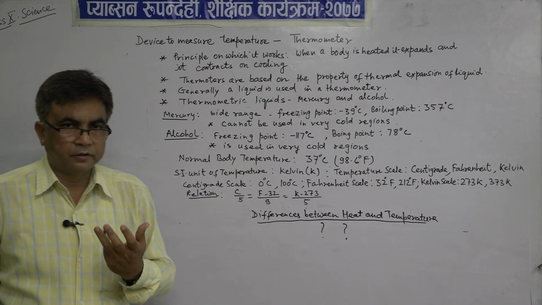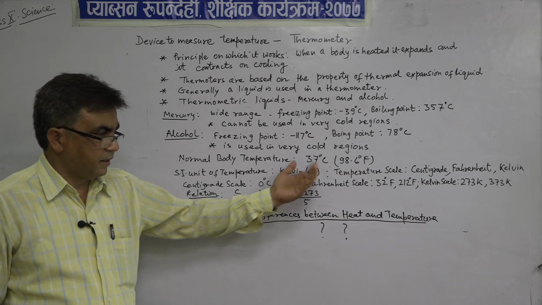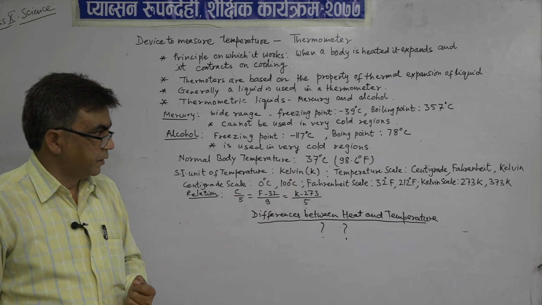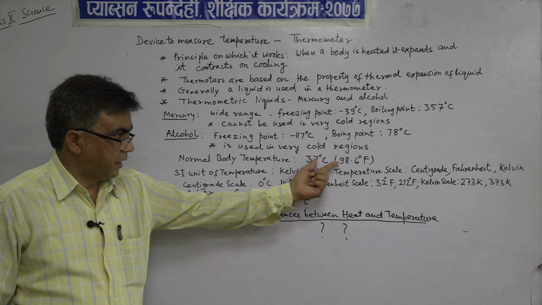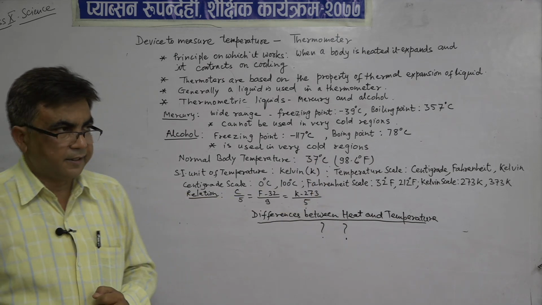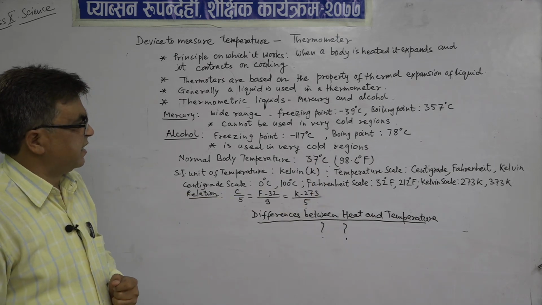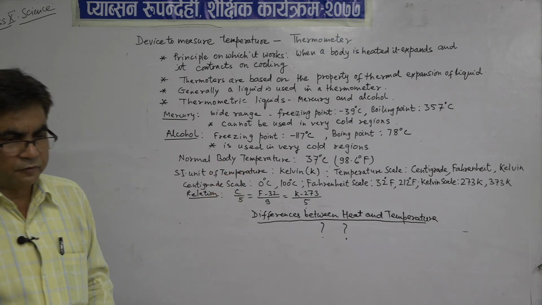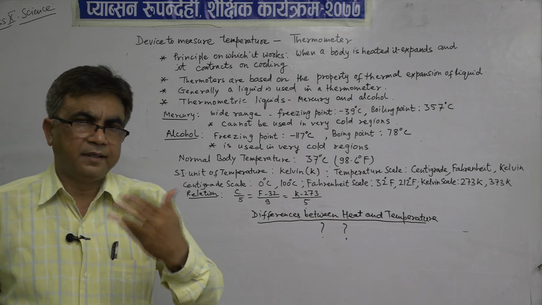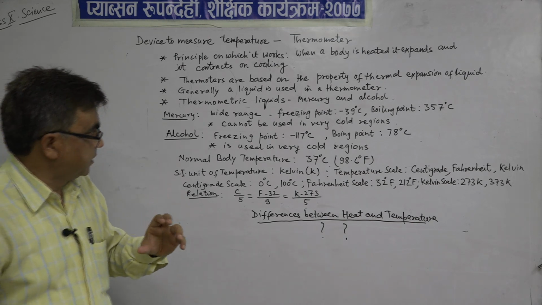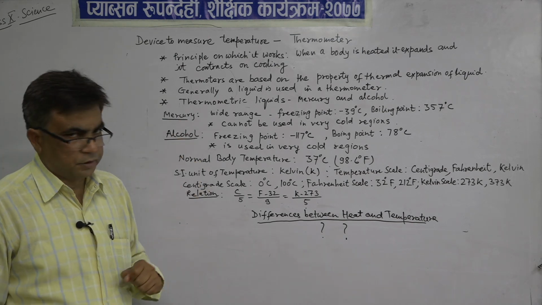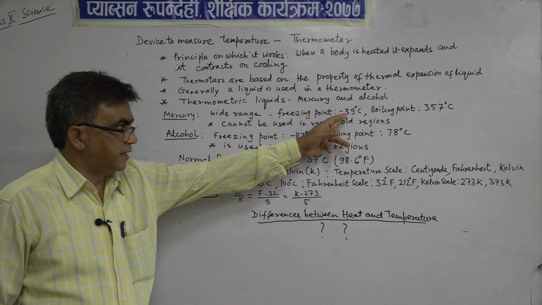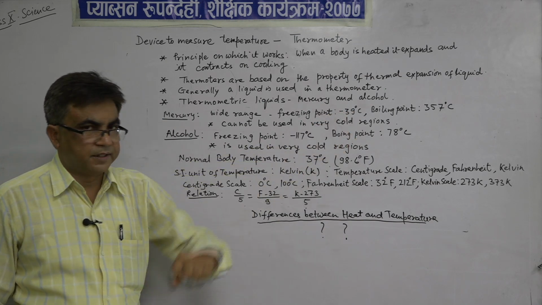And we all know our body temperature is around 37 degrees centigrade. Okay, 37, that in Fahrenheit comes to 98.6 degrees. That's why mostly for clinical purposes, or you can say in a clinical thermometer, mercury is used because it has a range between minus 39 and 357.